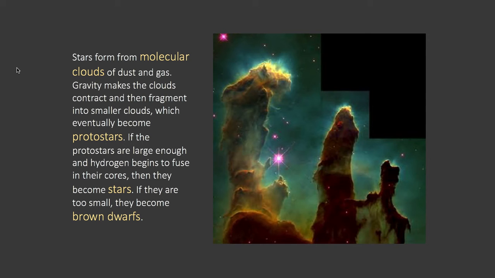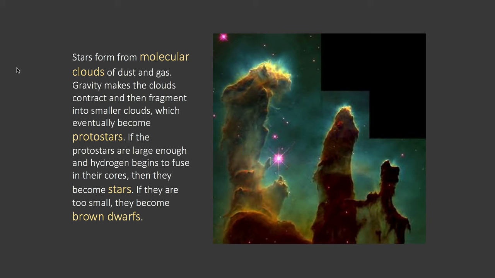Gravity will keep pulling it closer and closer together. The weight of that cloud will press the center to become the core of a star. Hydrogen will begin to fuse and it will begin to burn visible light like we see with the stars in the sky.